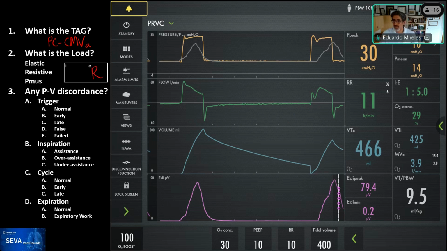And then some of you wrote during inspiration. Arsal said, well, during inspiration, I think that there is PMOS. And I think that you're right, Arsal. If you look at inspiration, and you have two breaths over here, and you see the flow waveform between the first one and the second one, there are differences on the waveform that you can identify.